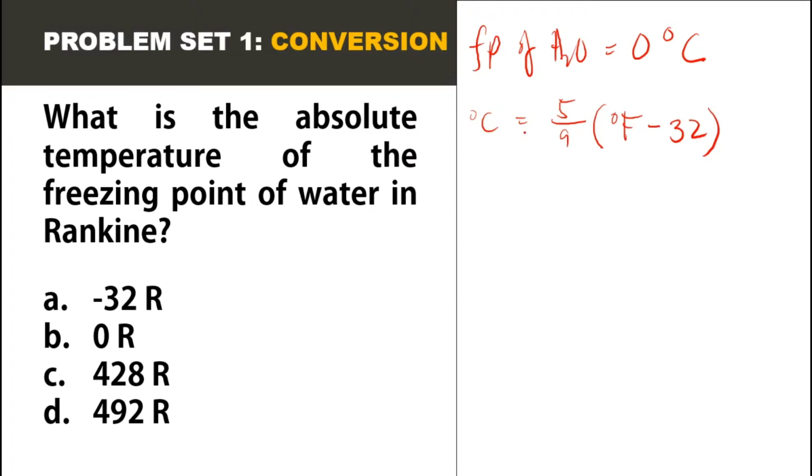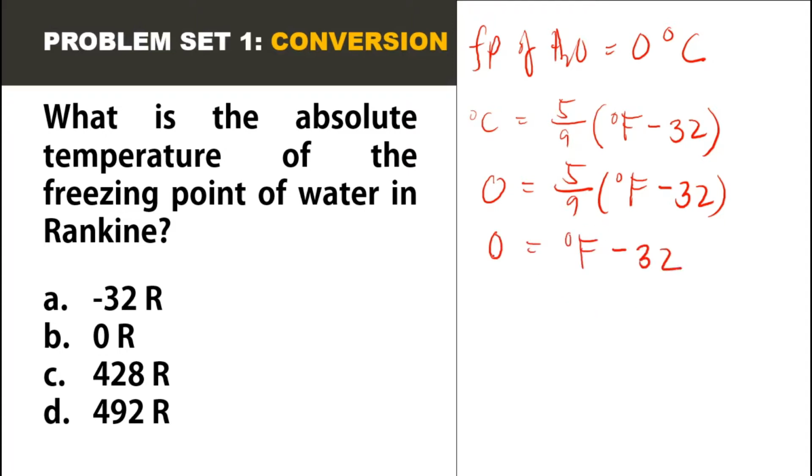We can substitute the value for degrees Celsius, that is 0 equals 5/9 times the quantity degrees Fahrenheit minus 32. We can divide 5/9 to both sides. We have 0 equals degrees Fahrenheit minus 32. We add 32 to both sides. We have degrees Fahrenheit equal to 32 degrees.